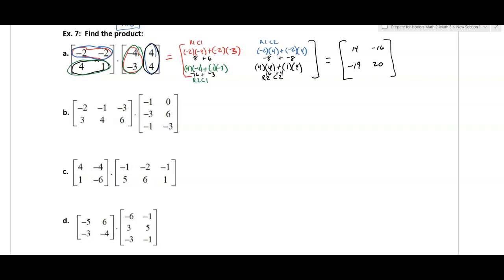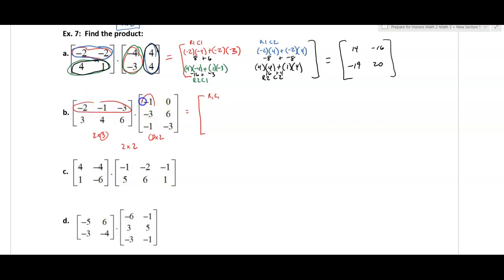So if I look at the next example, here I have a 2 by 3 matrix, and here I have a 3 by 2 matrix, right? So basically, I look, these match up, so we're good. And I know it's hard to believe, but we're going to end up with a 2 by 2 matrix. So the first one is row 1 times column 1.